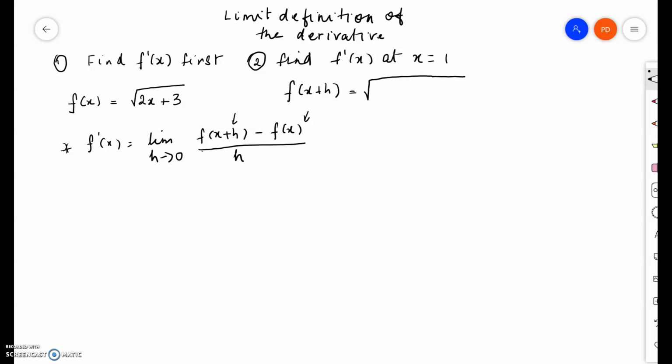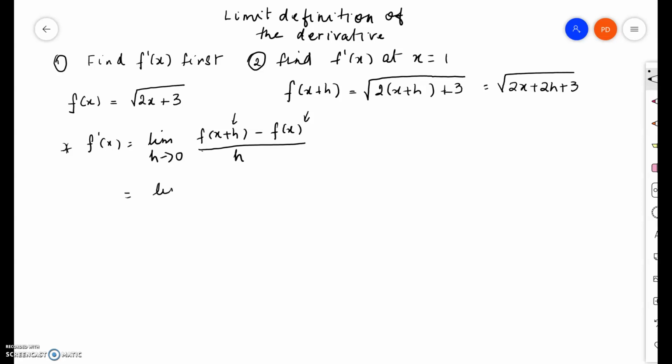In the function f of x, which is equal to radical 2x plus 3, everywhere you see an x, just replace it with x plus h. So this is equal to radical 2x plus 2h plus 3. So let's plug in the numbers now.